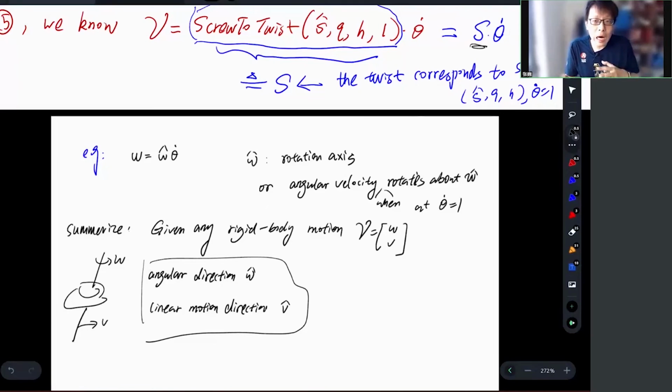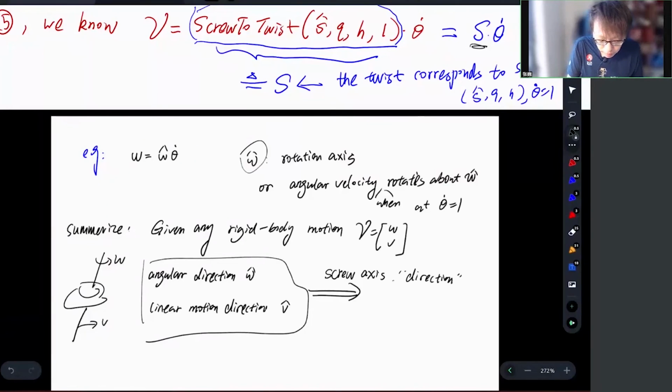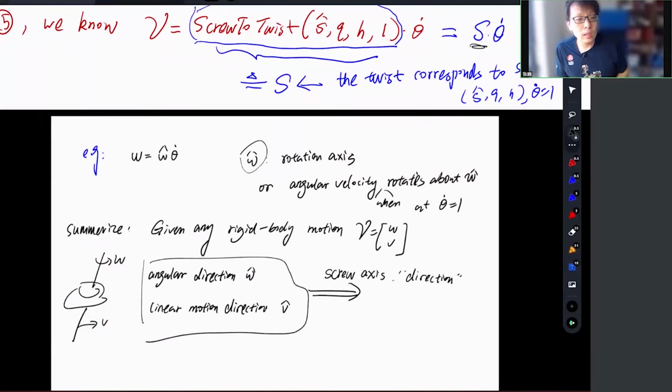But now let's convert that to just one thing. Let's think about only one screw axis. You can think about that as a direction, or if that helps you, think about this as similar to the omega hat.